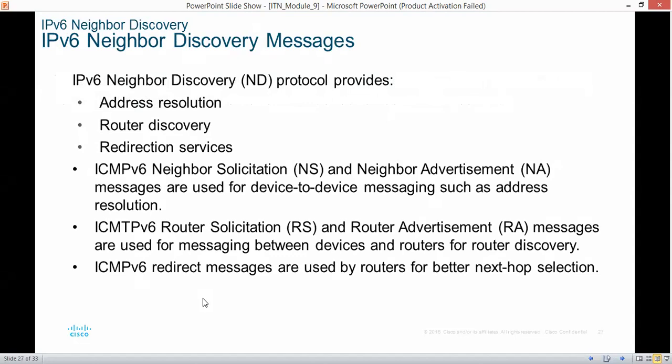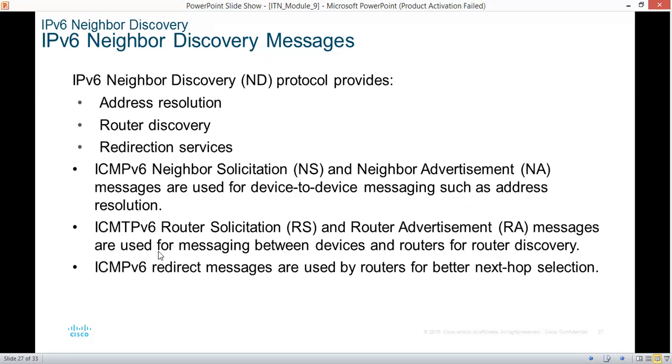I told us what ICMPv6 is, which is Internet Control Message Protocol version 6. ICMP itself is for version 4, but when you have version 6, it's for IPv6. Neighbor solicitation and neighbor advertisement messages are used for device-to-device messaging such as address resolution.